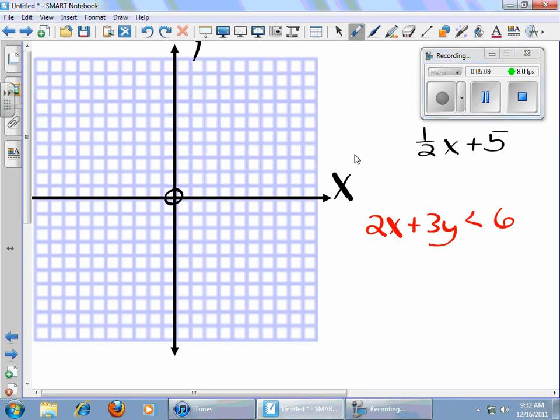So I'll make this y equals, and then of course this part here would be equals 6 instead of less than 6. All right, I'll plot the red one first, and notice that I will get the same x and y intercepts.